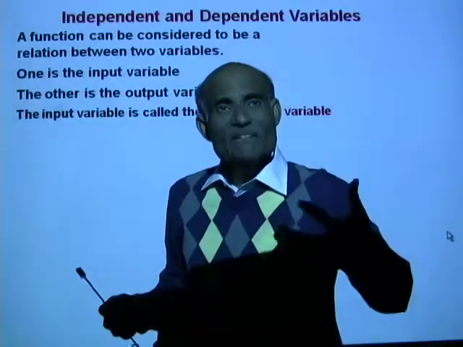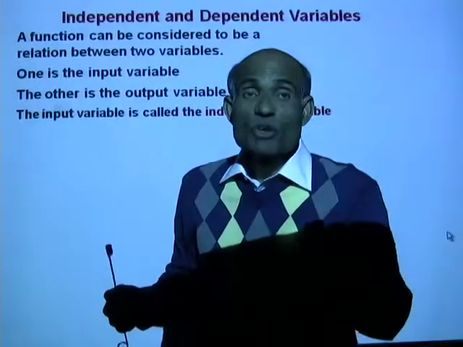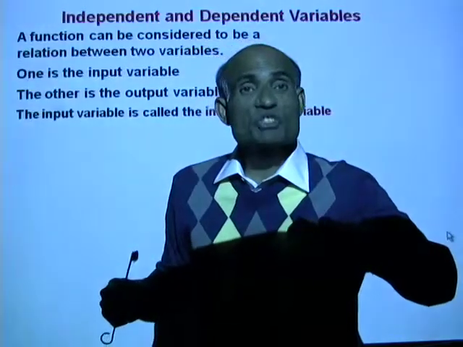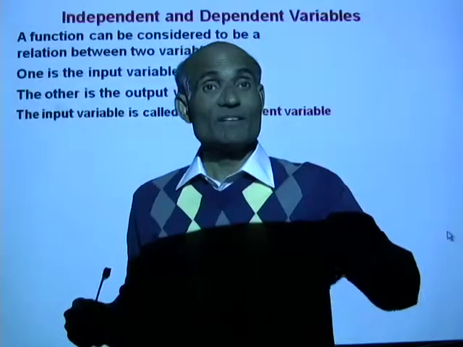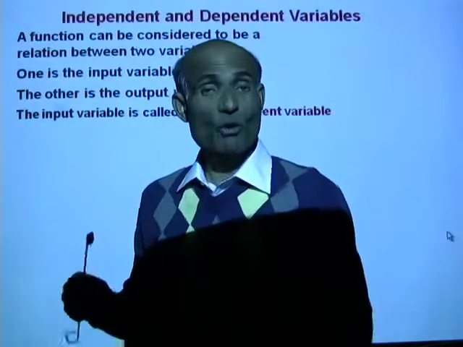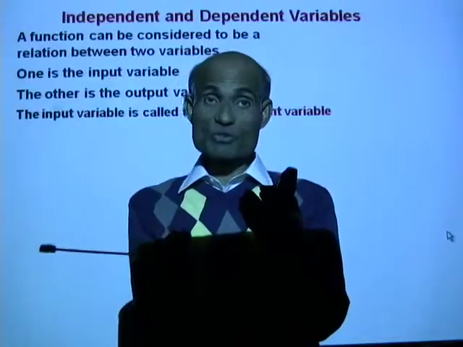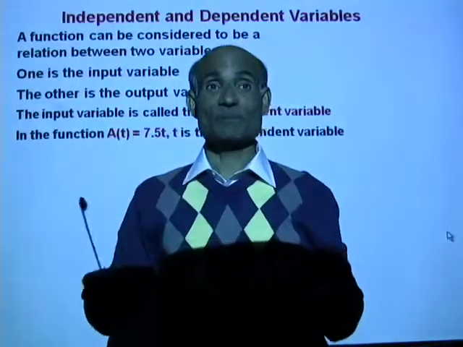Why is it called the independent variable? Because the student or the people related to the student are free to decide the number of hours the student has to work. You see? And therefore, it is independent. And depending on the number of hours the student works, the amount of dollars depends on that.